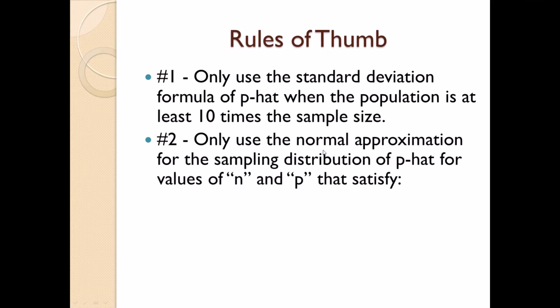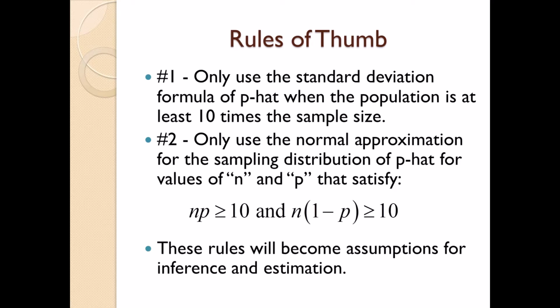And we can only claim normality for your sampling distribution for p hat when n times p is greater than or equal to 10 and n times 1 minus p is also greater than or equal to 10. These give you an adequate sample size to make your sampling distribution nearly normal. These became assumptions for inference and for estimation, for confidence intervals, and for z-tests for proportions.